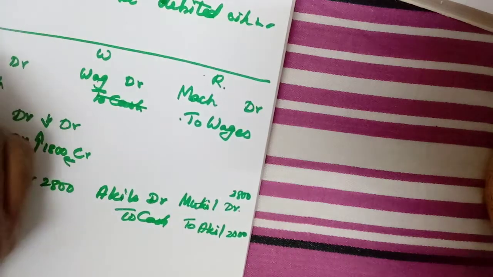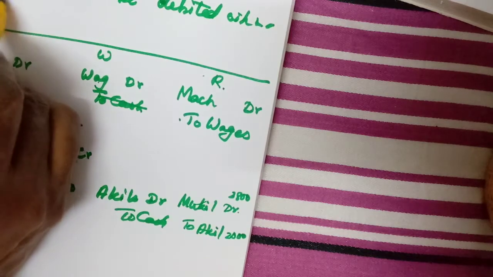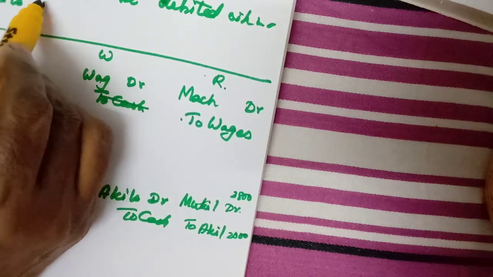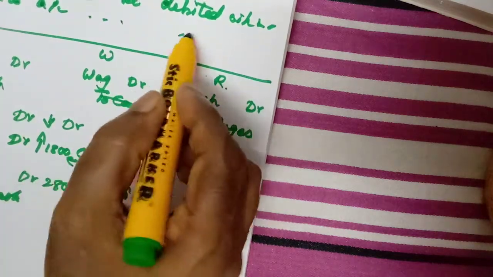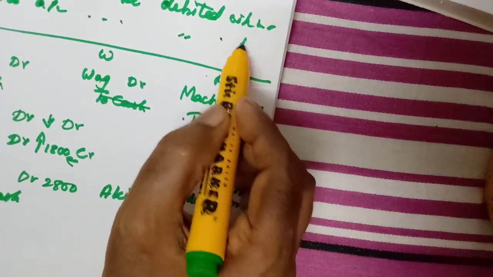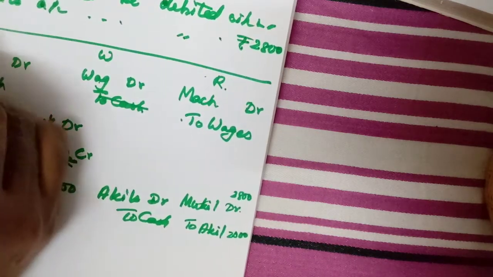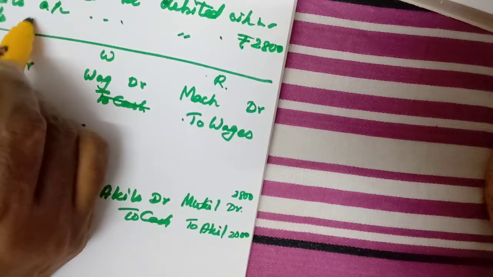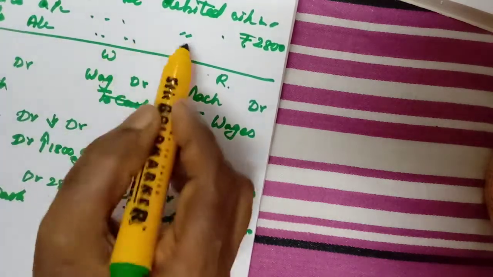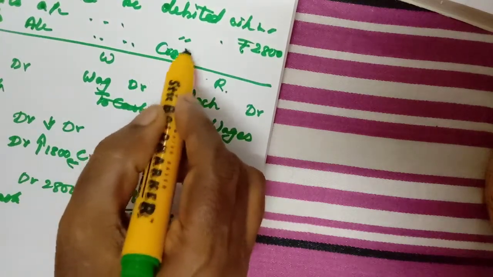E. Mukil's account should be debited with rupees 2800. Okay, then Akhil's account should be credited with rupees 2000.